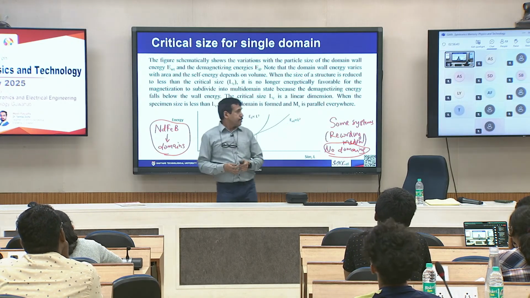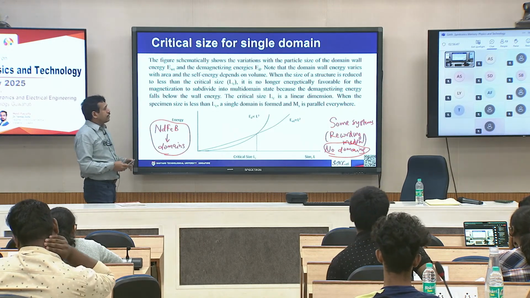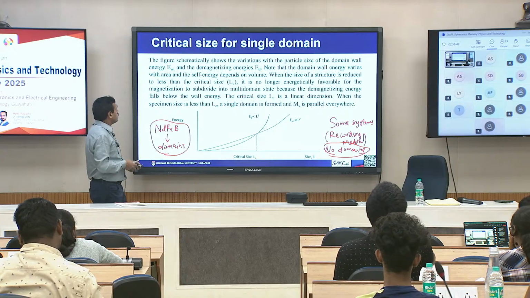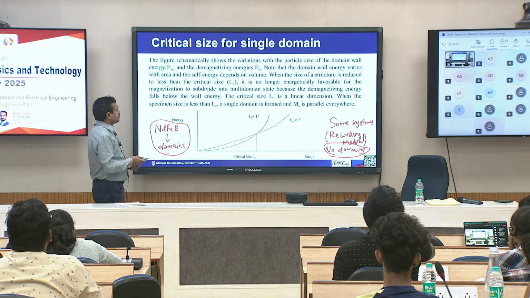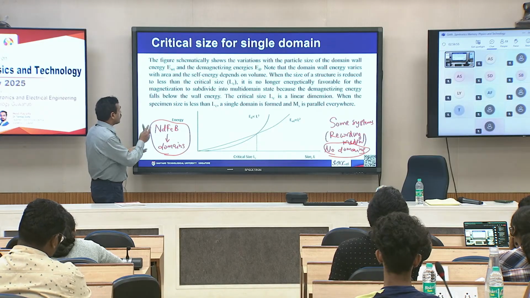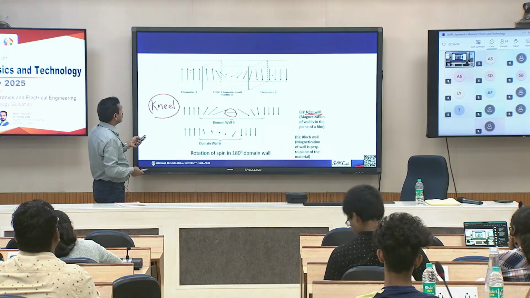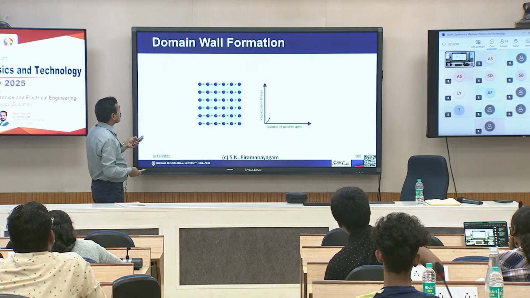Okay. What determines whether the systems will form domains or not depends on the competition between two energies. To explain the two energies, let me go back to the white screen.